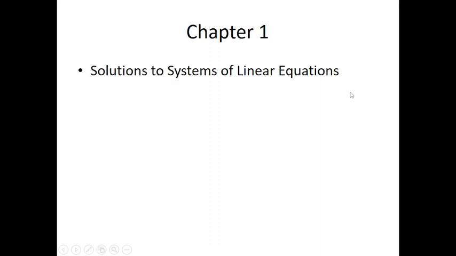So chapter 1, we have solutions to systems of linear equations. You're familiar with this, and the conventional way of solving such equations was performed in your previous subjects, like in circuits.